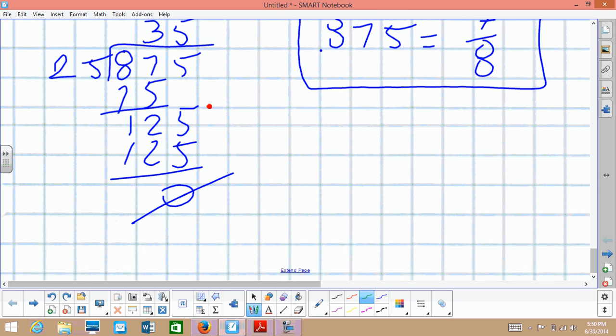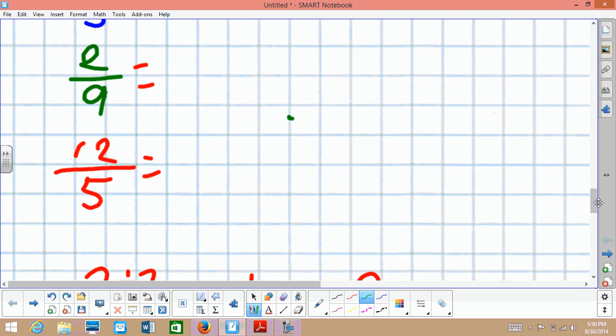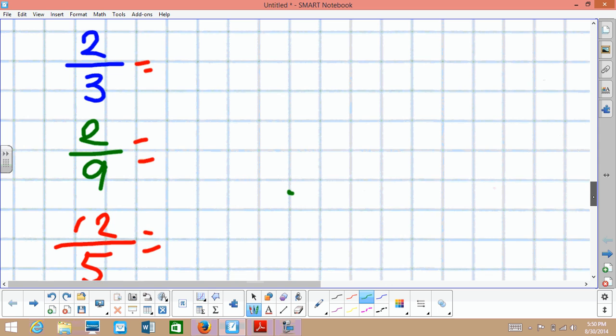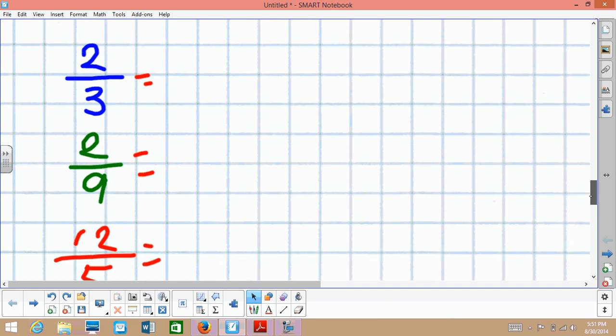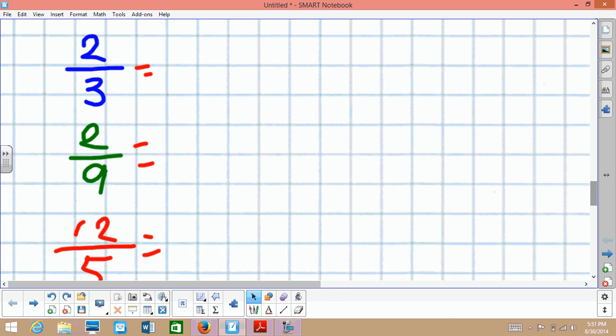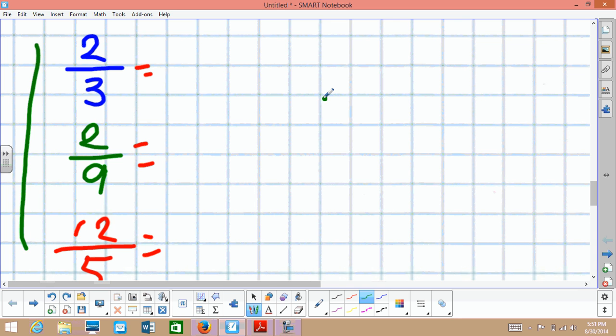I'll put it in green, right next to your other homework, right here. So your homework is the following. It's going to be those three homework, and these two numbers that you need to convert into a fraction.